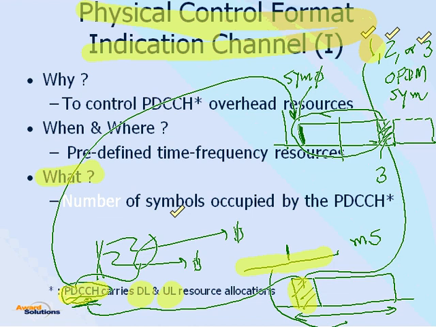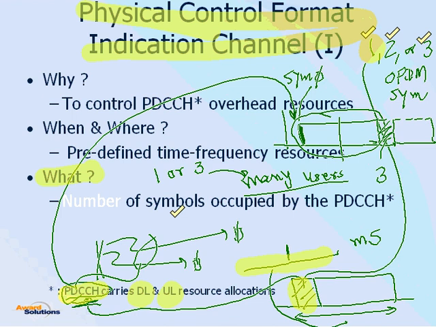Let's say I have many users, and I want to convey allocation to all of those users. Should I use 1 symbol for the control channel or 3? 1 or 3?